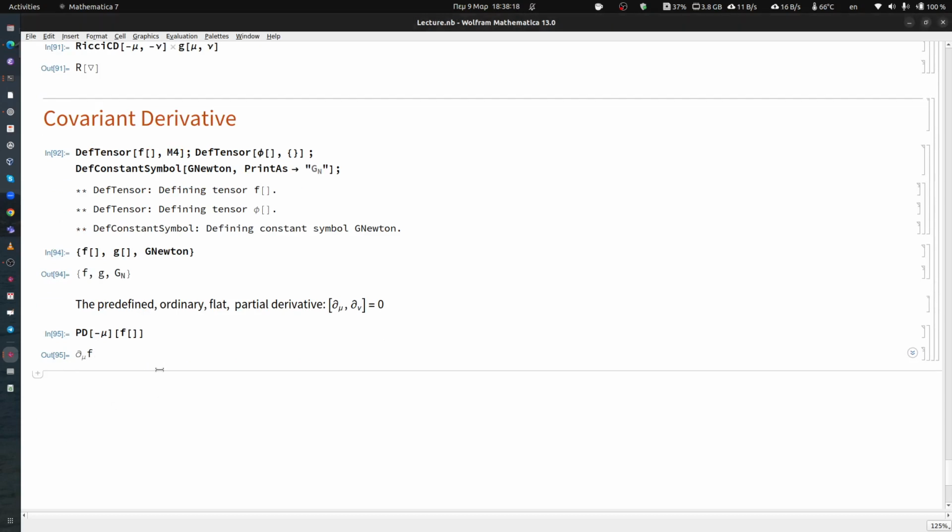When it acts on a vector, notice here that there are two groups of square brackets. The first group has the index with respect to which we are differentiating. That is the mu that is found there. And then the other bracket has the object that is differentiated, which should be a tensorial expression. So that is d mu b nu.